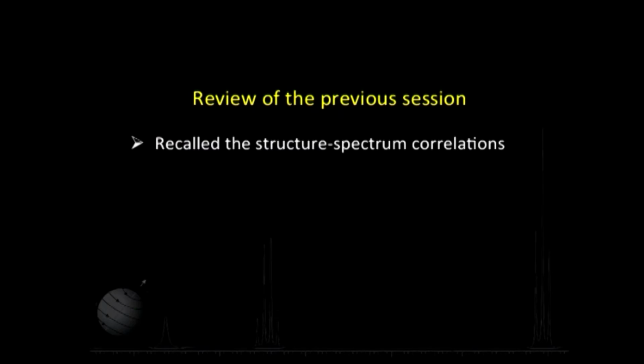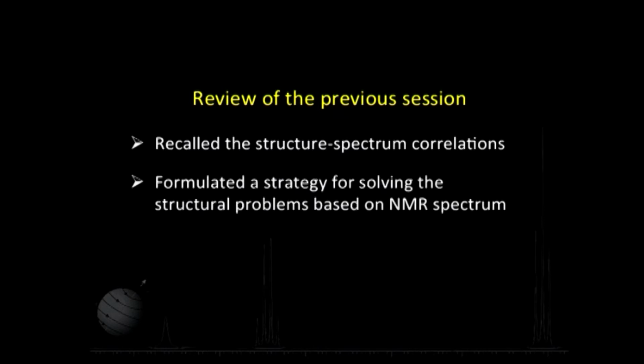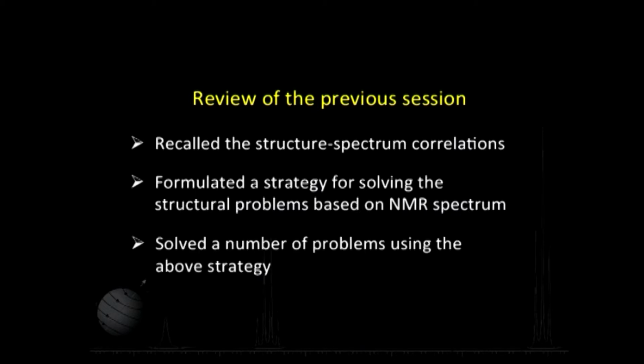Let's briefly review what we did in the previous session. We recalled structure-spectrum correlations which we established a little earlier than that. Having recalled them, we devised a strategy for solving structural problems based on NMR spectra, and then we used that strategy to solve certain problems.